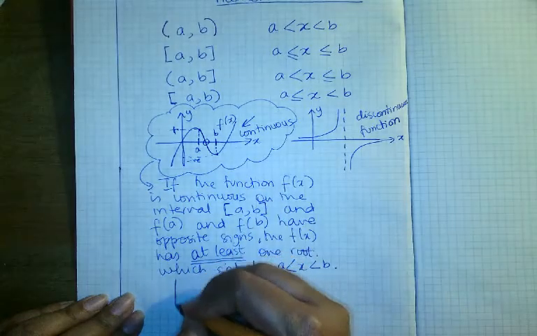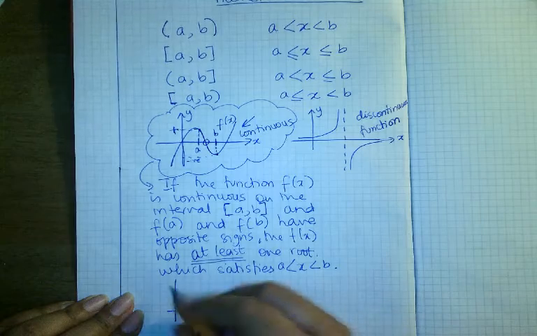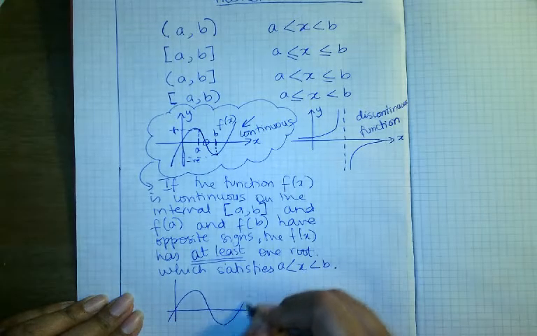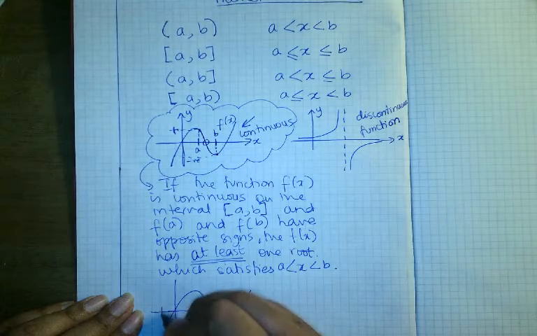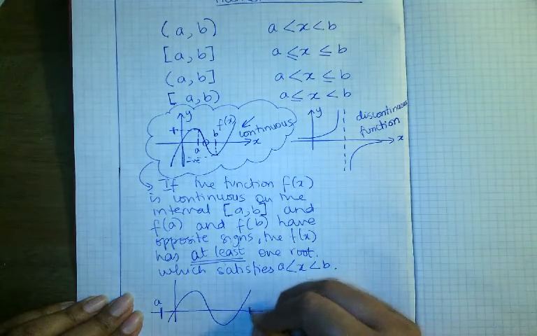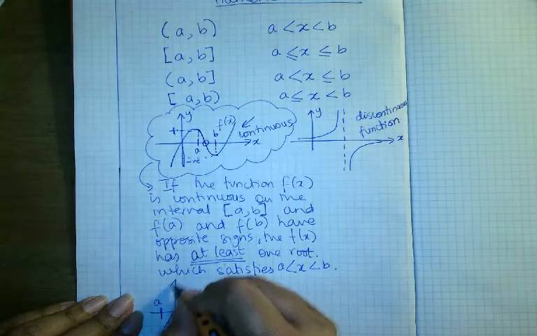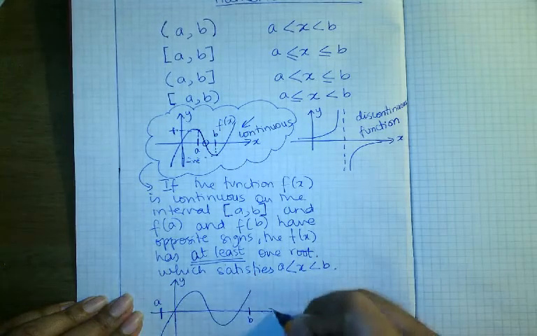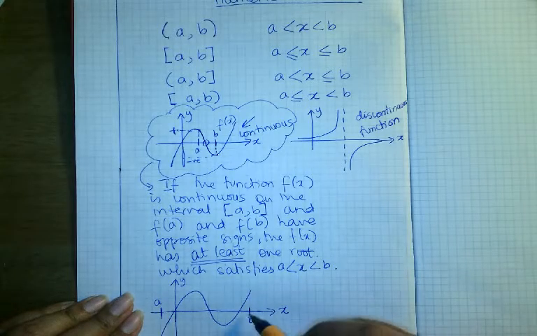Now if I was to draw the same function here, I might choose my a to be there and my b to be here. And what's going to happen if I'm looking at this interval a and b?